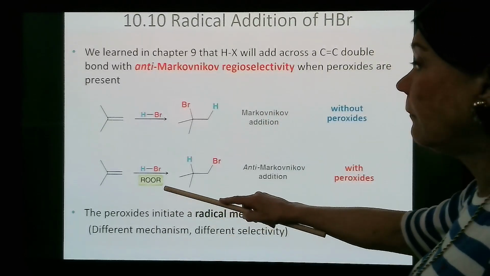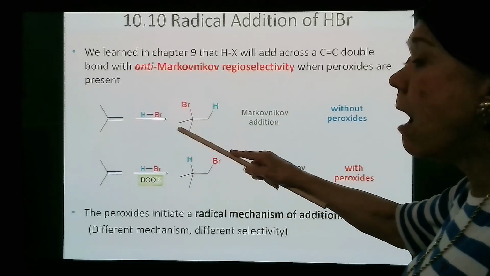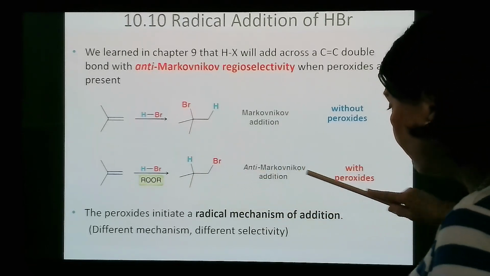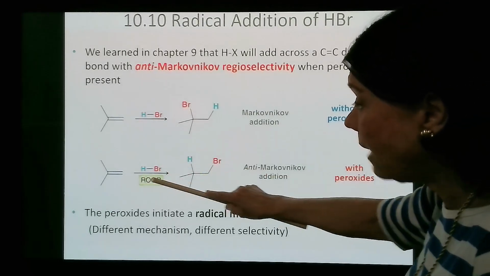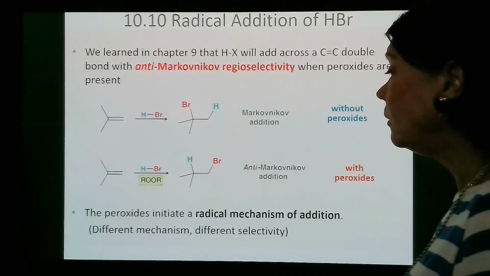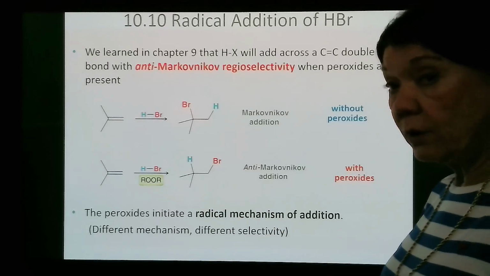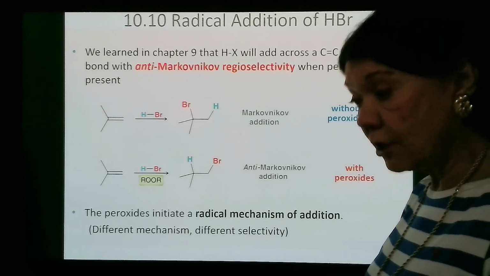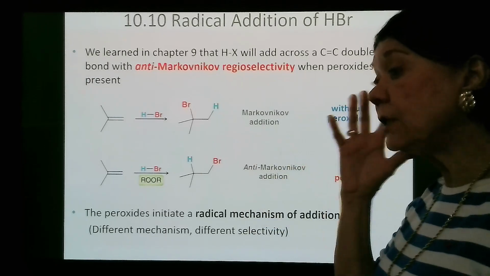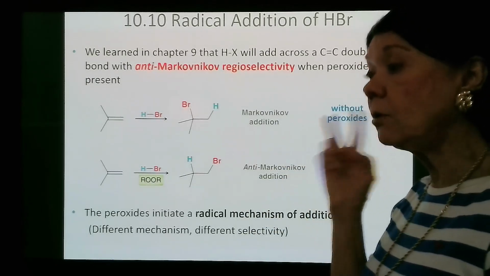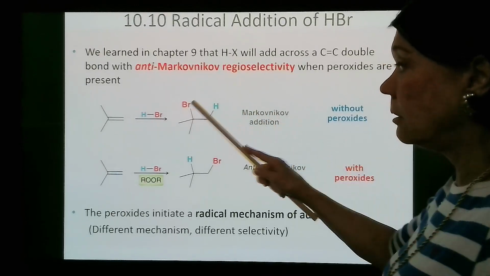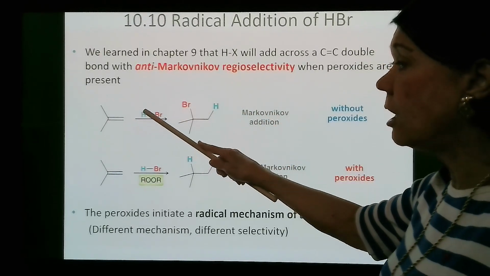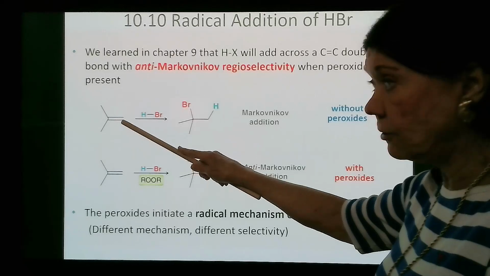Now, you're going to have to keep that in mind as we cover this, because you're going to see the opposite happens when you have a peroxide. Obviously, you're going to have a radical reaction. But in order to keep you from becoming completely confused, you're going to have to remember what I said up here: the first step is addition of H+ to the double bond.